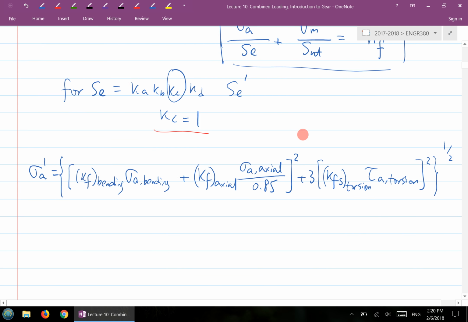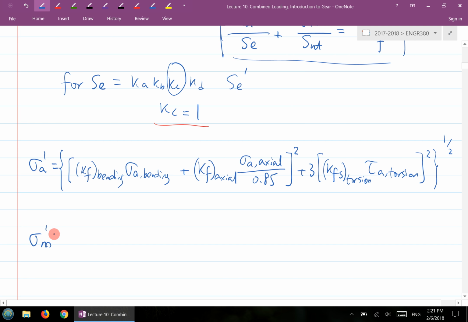And sigma M prime is very similar, though not exactly the same. You have KF for the bending, and this is the sigma M bending component.